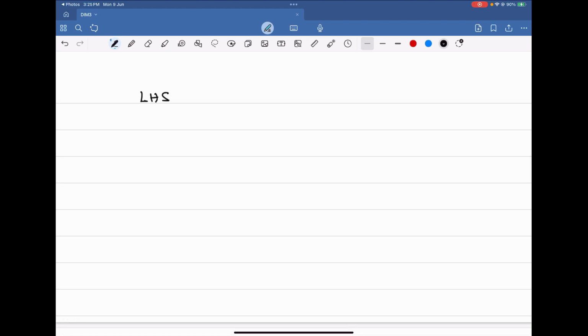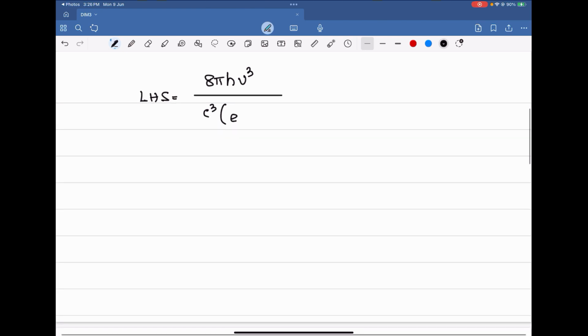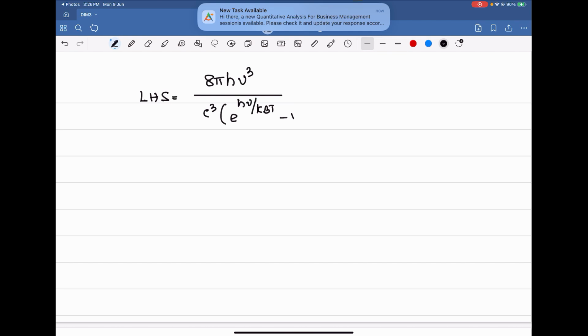Let us try to resolve this left hand side. Previously the procedure what we have done, the same procedure we will do, that is 8 pi h nu cube whole divided by c cube into e to the power of h nu divided by kbt minus 1.